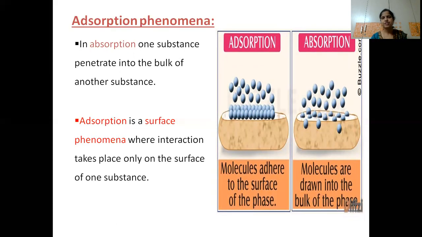They are not penetrating into the substance. In the latter case, absorption, you can see the molecules penetrating into the substance; they are drawn into the bulk of the substance. So that is the difference between absorption and adsorption. In chromatography, it is mainly the adsorption technique that is seen.